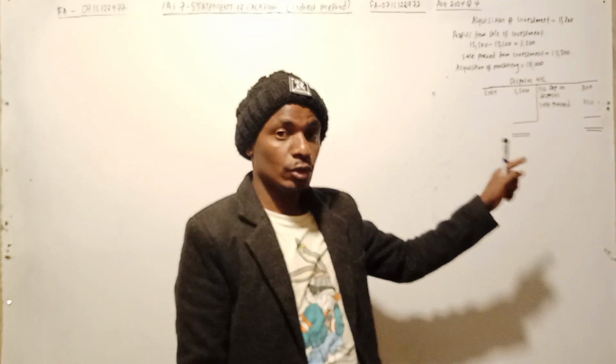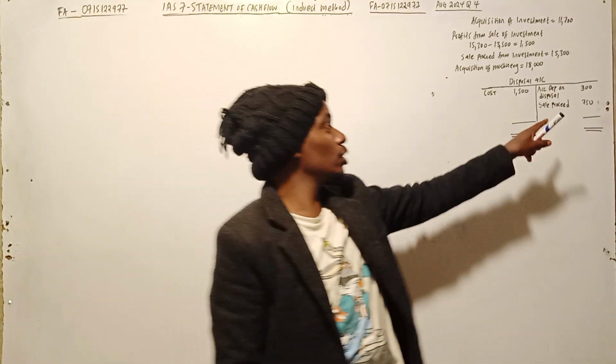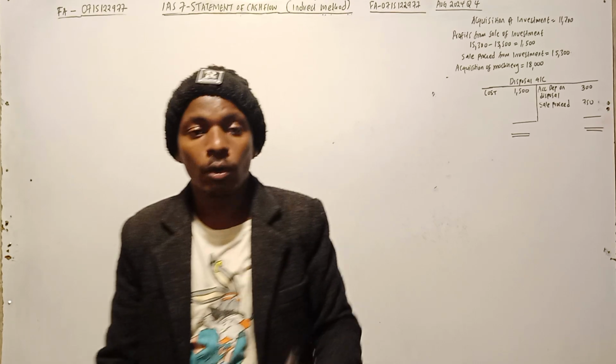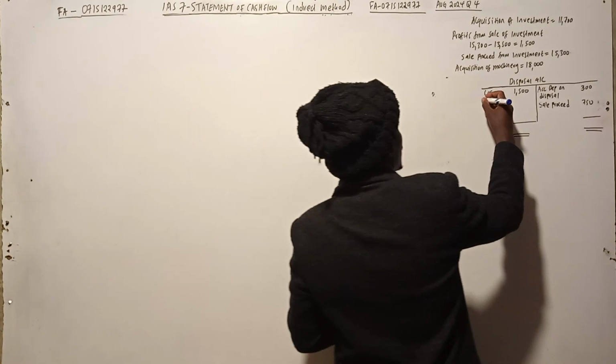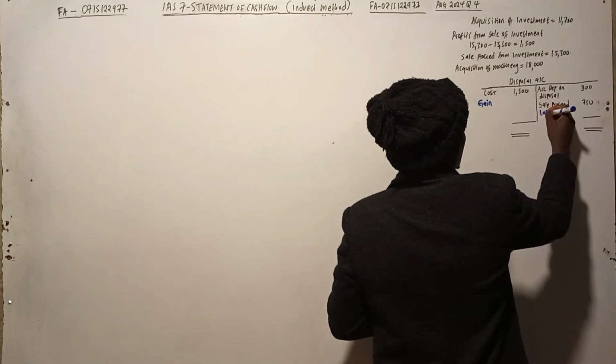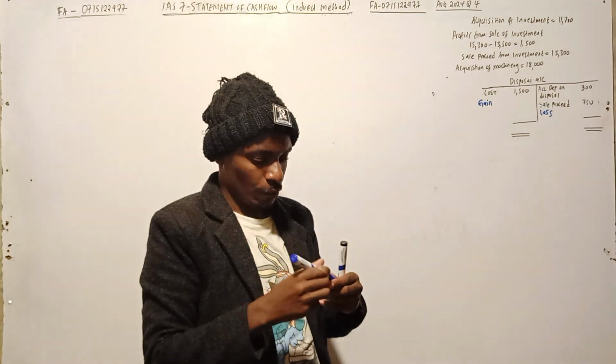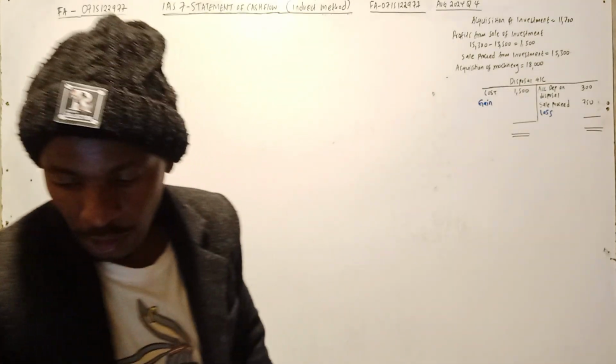But in this case, hatujapatiwa loss or gain, tumepatiwa sales proceed. Now the balancing figure will be the gain or loss on disposal. When the balancing figure is on this side, it's a gain. When it's on the other side, it's a loss.